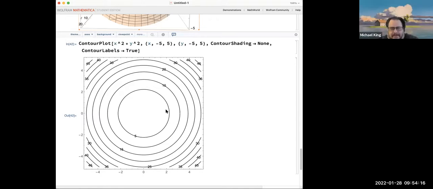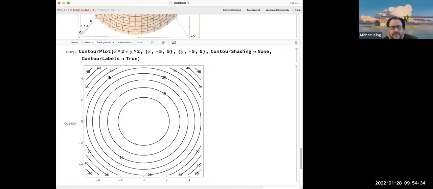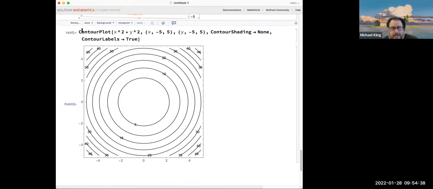If you want to see how mountains and elevations are changing, that is a way to get a 2D rendering of a 3D map: you draw all the points at the same height and then label that with the height. That's really what we're doing here. This is actually called a contour plot.